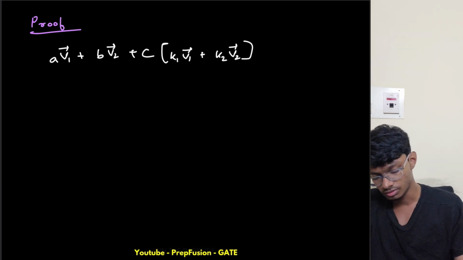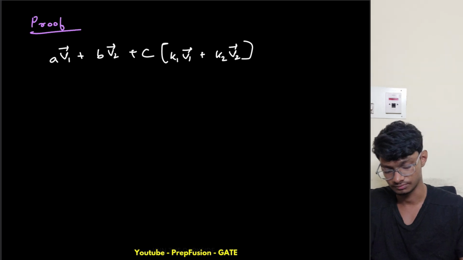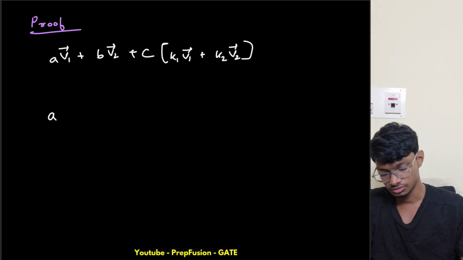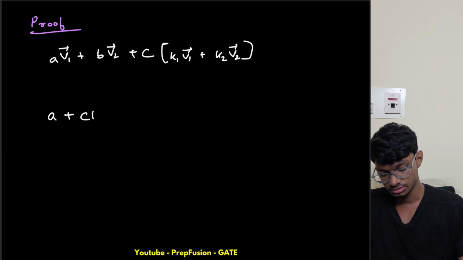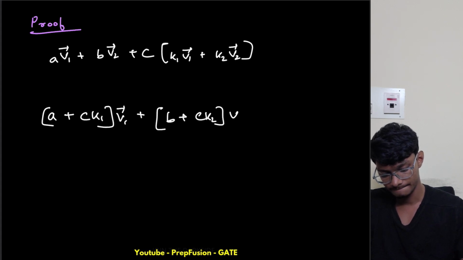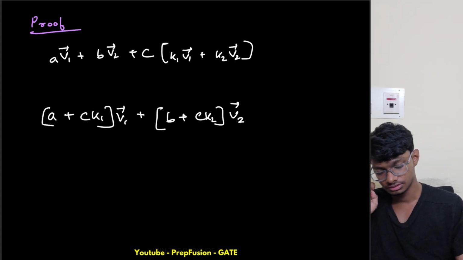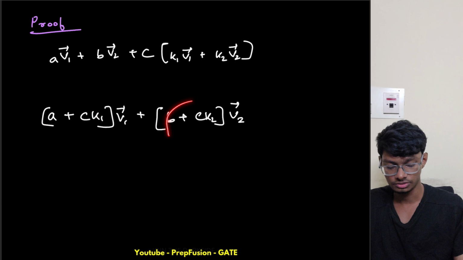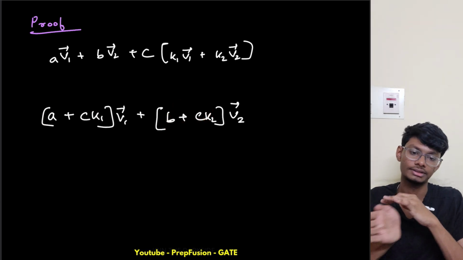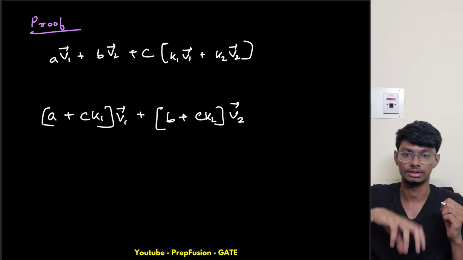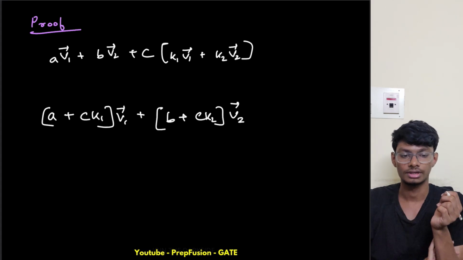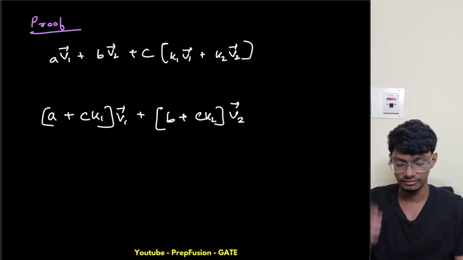Now I can rearrange this equation. So this will be (a plus ck1) v1 plus (b plus ck2) v2, right? So what I am saying is this is also a constant number, this is also a constant number. So again I am getting the same thing as the previous one.